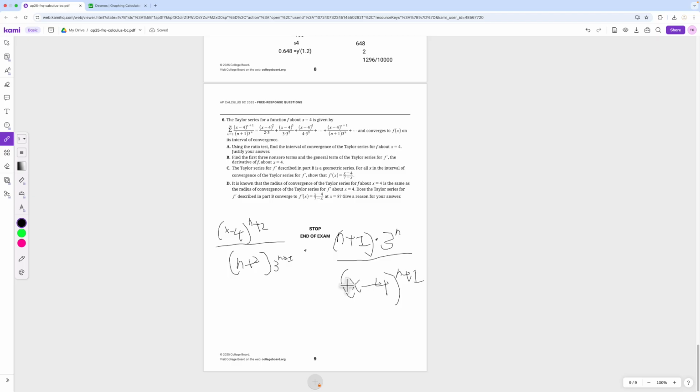Now, in order to use the ratio test, all we have to do is take the limit to infinity. So first, let's cancel some stuff out that we can. We have 3 to the n here, we just cancel this out. We have x minus 4 to the n, x minus 4 to the n here, we cancel this out. We have a 1 here. This is just going to be equal to a 1. And as we take the limit to infinity, n plus 1 over n plus 2, that's going to become infinity plus 1 divided by infinity plus 2.